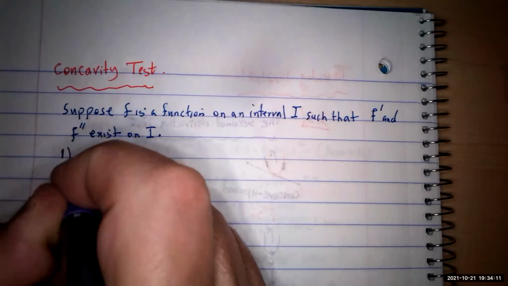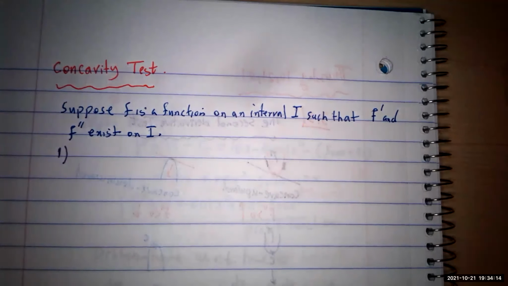So the first condition is if f double prime is positive. Positive means up, so that you have a concave up.